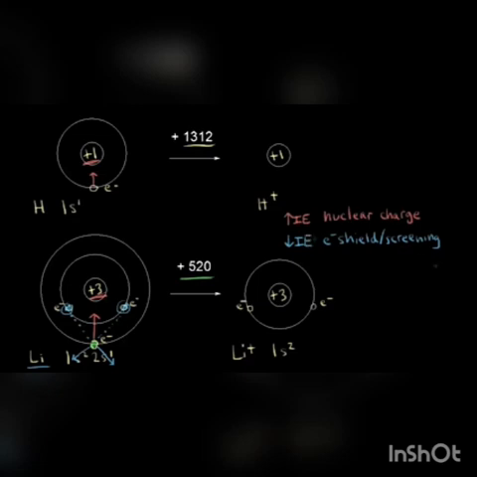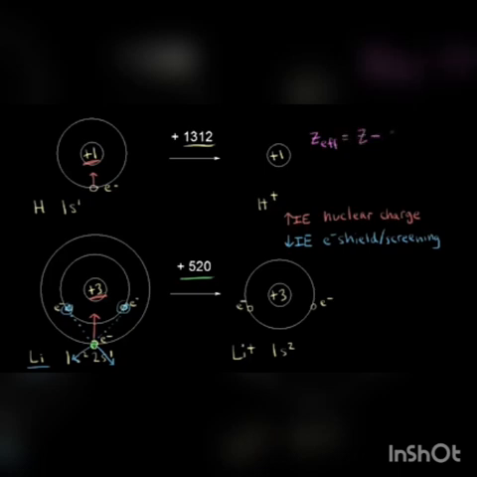Now, nuclear charge and electron shielding go hand in hand, and one way to relate those is the effective nuclear charge. I'm going to write the effective nuclear charge, Z_eff, is equal to the nuclear charge, which is Z, minus the effect of the shielding electrons. This is a very simplistic way of doing the math.